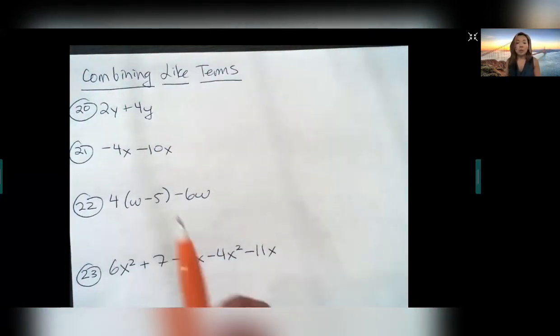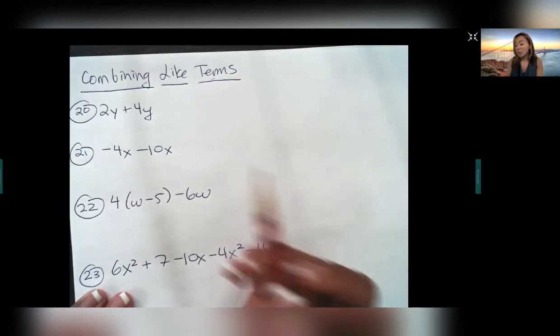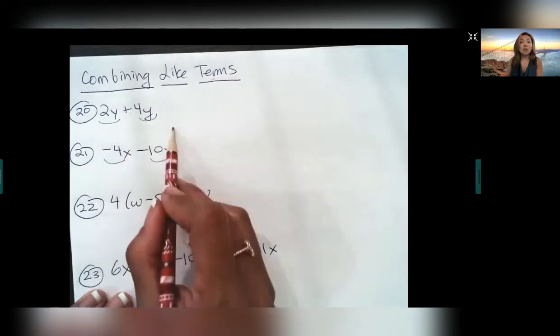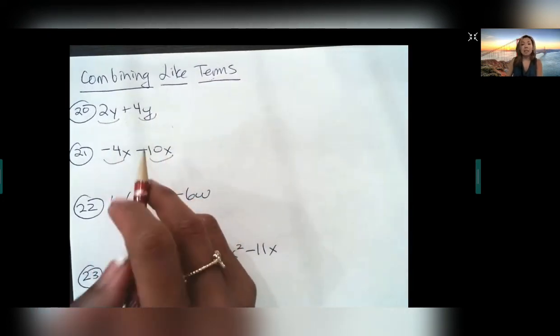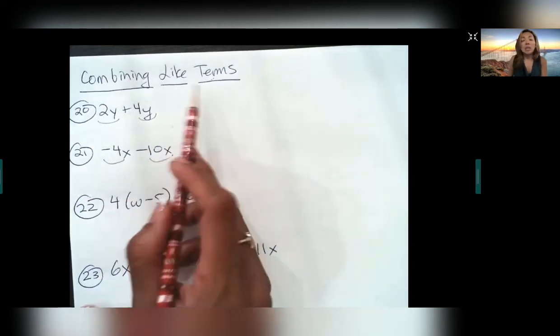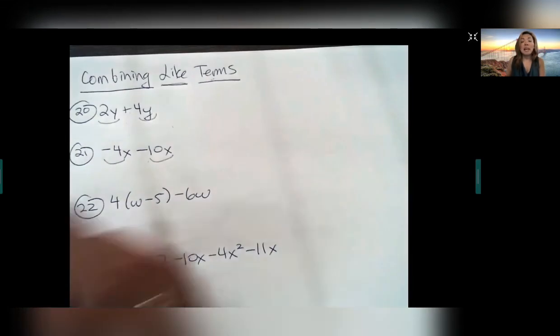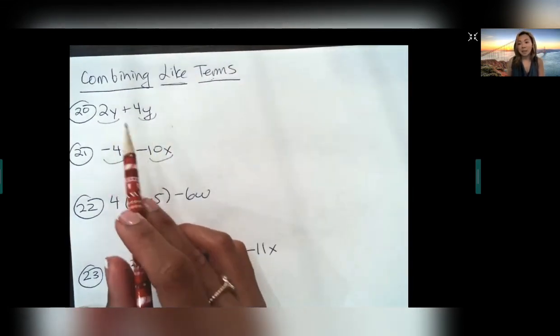So what are terms, first of all? Terms are anything that is separated by an adding or subtraction sign. So 2y is a term, 4y is a term. These are all terms, so they're separated by adding or subtraction signs. And what does it mean for them to be like? Like terms means that they have to have the exact same variable raised to the same exponents.